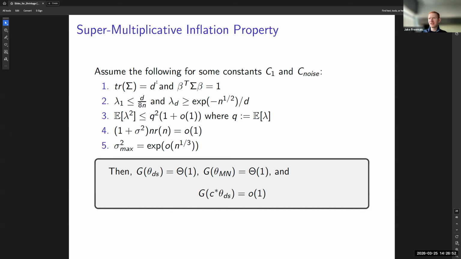Essentially, the big difference here is that we need the mean of this lambda variable, or basically the variance, to be little o of 1. So we need the mean squared and the second moment to be on the same page.